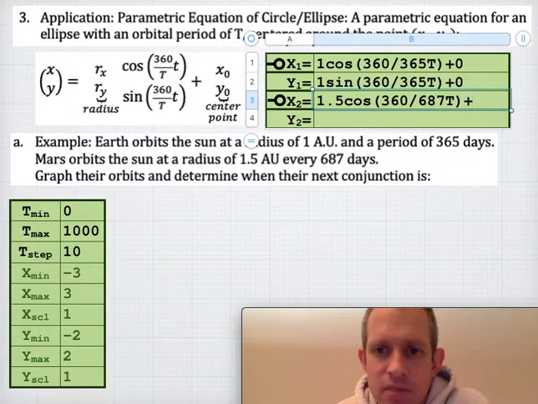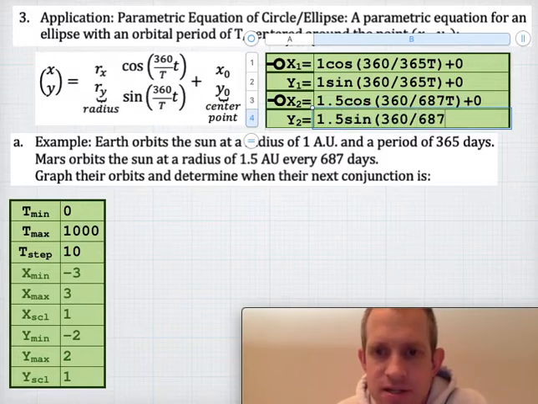And again, the center point: Mars also goes around the sun, and so we can put a 0, 0 for x and y. And we'll finish that up. 1.5 sine of 360 over 687t plus 0.